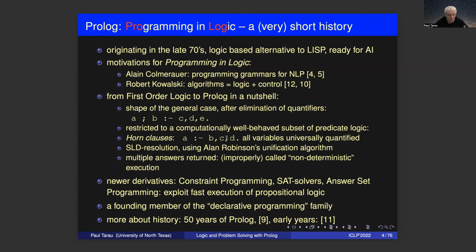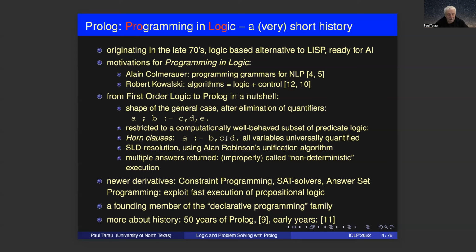With that in mind, Prolog is computationally quite effective. The underlying algorithm is called SLD resolution, and it uses a very important element, which is Alan Robinson's unification algorithm. Multiple answers will be written, not just one, like the usual functional programming setting, and that was called non-deterministic execution, but in fact, it's just a stream of solutions coming out.